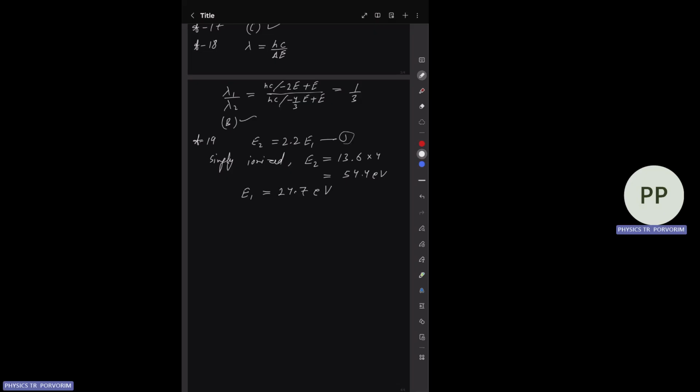The total energy to ionize the helium atom will be E1 plus E2, which is approximately 79 electron volt. So the correct answer is B.